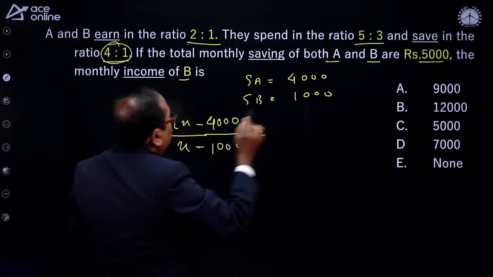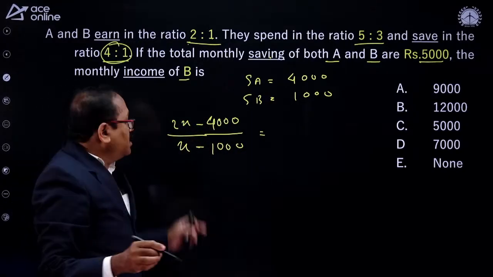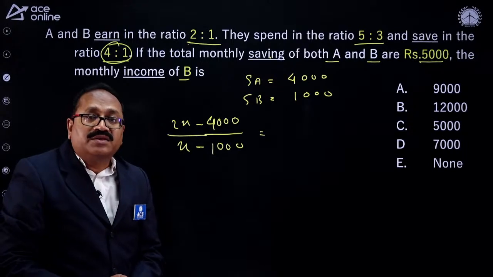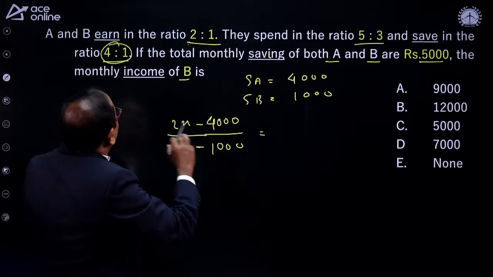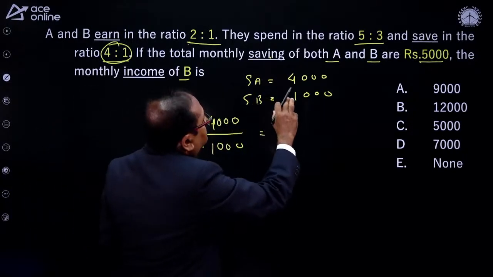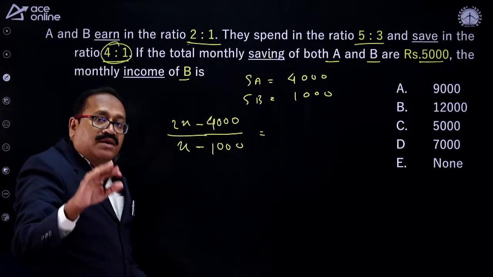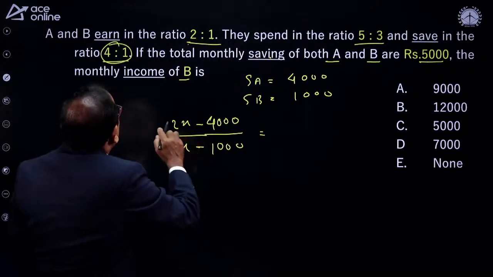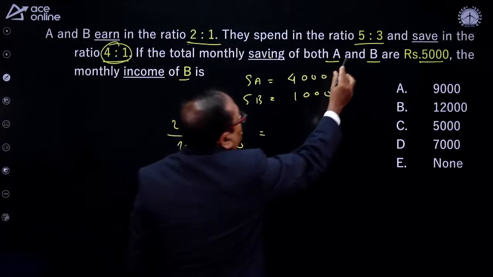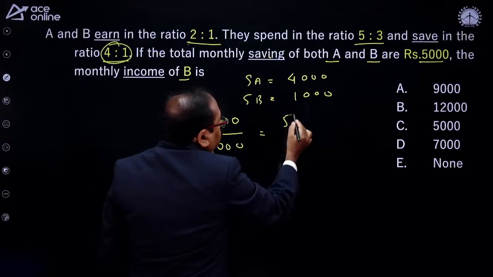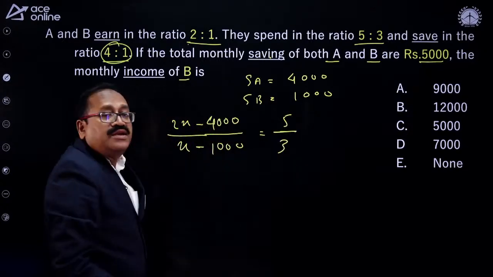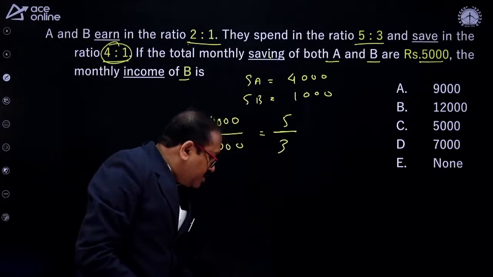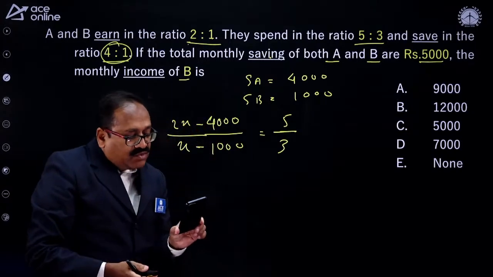So income minus saving is the expenditure ratio, and the expenditure ratio is given to us, which is 5:3. So the next step, I am sure you people are so talented, you will be able to answer the question.